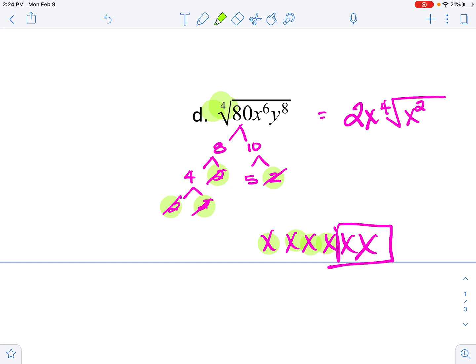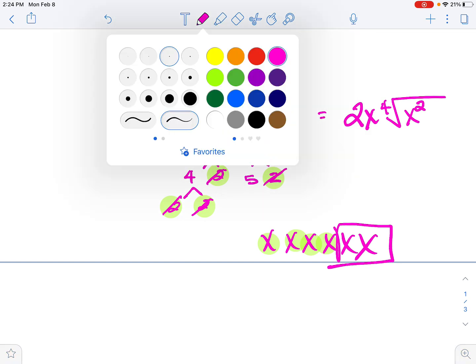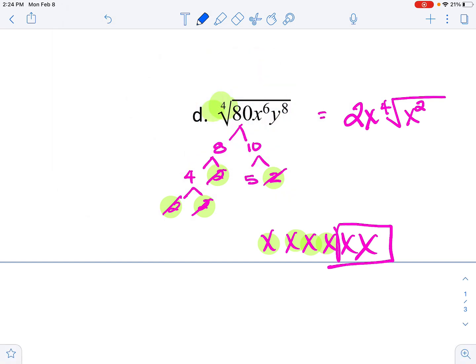And another way to think about this is we just subtracted. We subtracted x to the 6th minus x to the 4th.